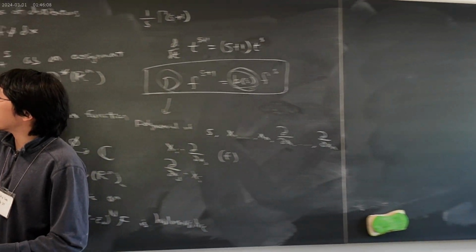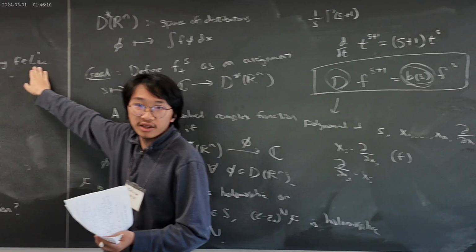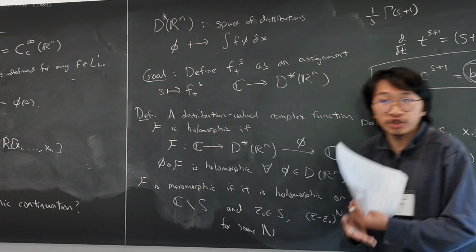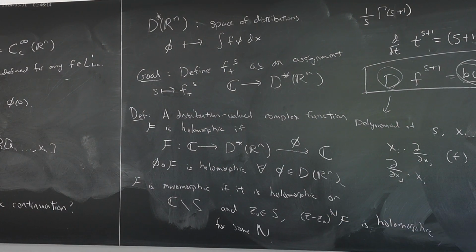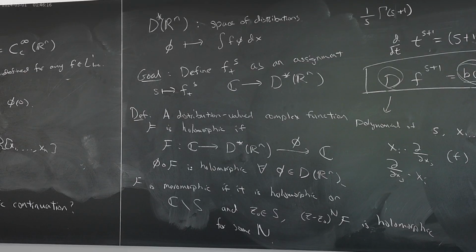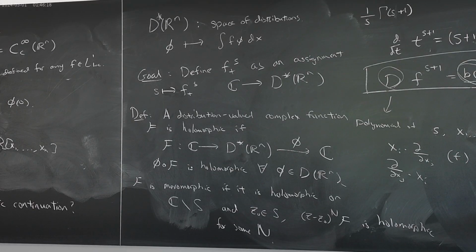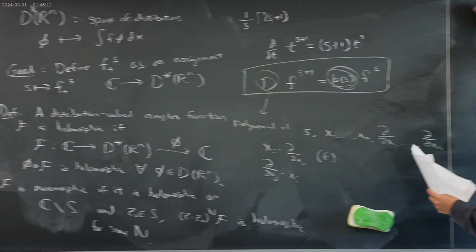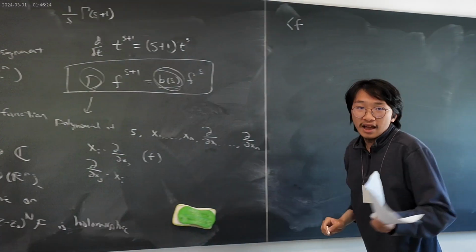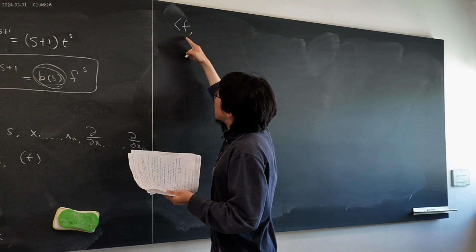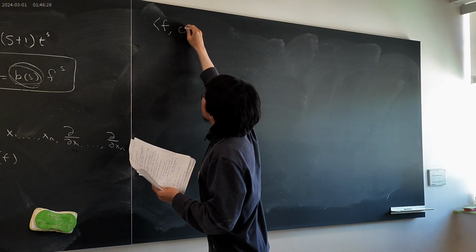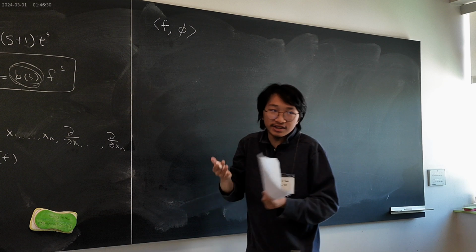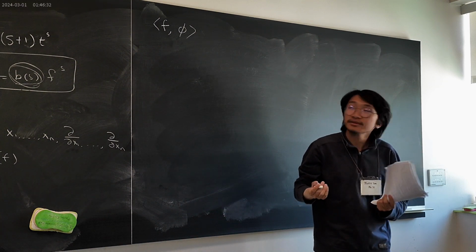This is not something that you can do in general with just functions. If you take a locally integrable function, there's no reason it has to be differentiable at all. But we can define the derivative of a distribution. So let's say we have a distribution f. The distribution is defined by how it acts on test functions, which I'll denote as this inner product f phi.